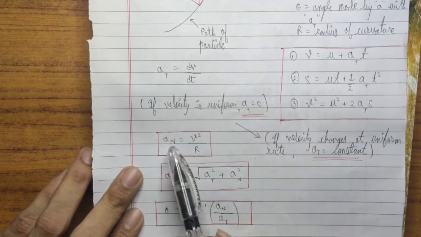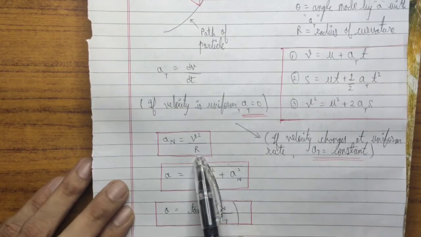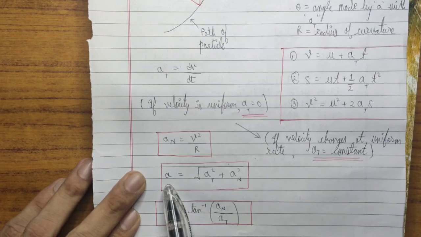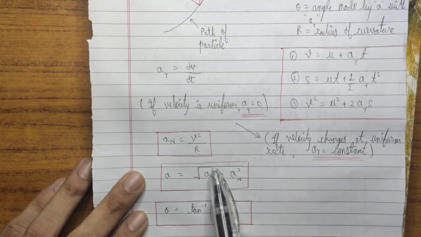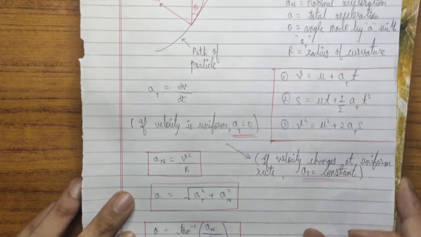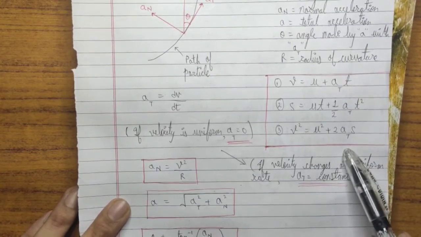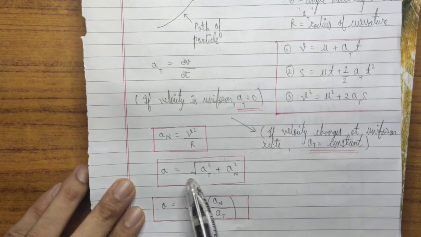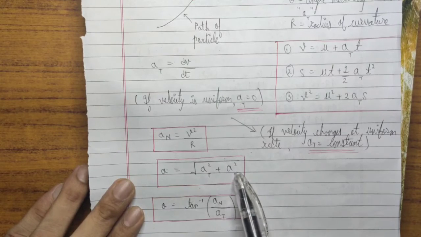To find the total acceleration A, it is under root of AT square plus AN square. AT you can find from those formulas, AN from this formula, and total acceleration is under root of AT square plus AN square.